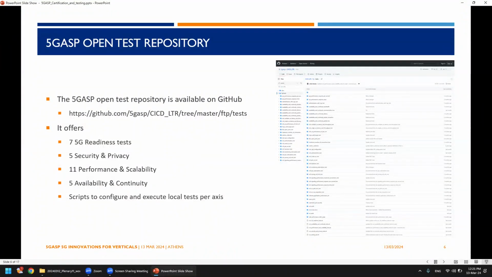So this is an open repository that someone could access even today and try to run these tests following the documentation and the scripts incorporated there, and verify that each application is compatible with the tests that 5GASP introduced.